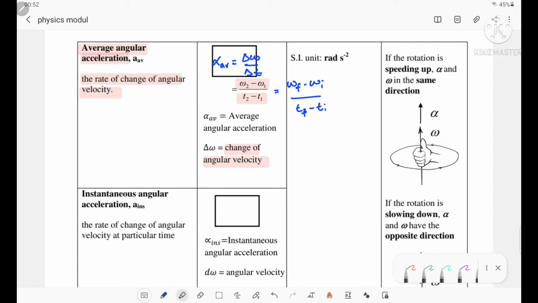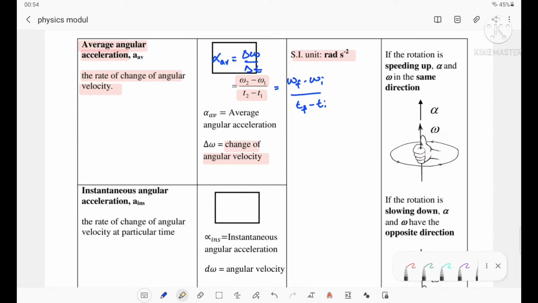The SI unit for the angular acceleration is radian per second squared. The instantaneous angular acceleration is the rate of change of angular velocity at a particular time, and we can write alpha is equal to d omega over dt.